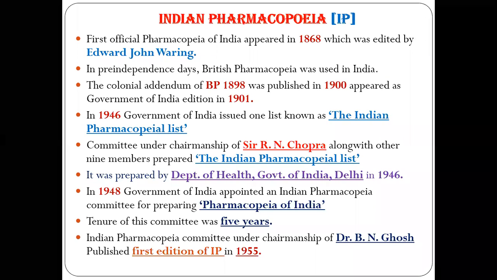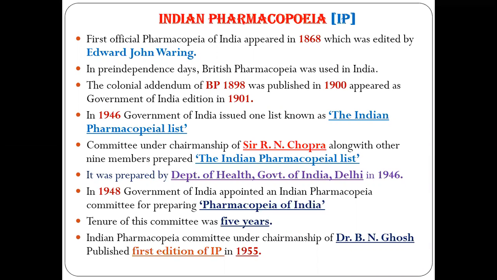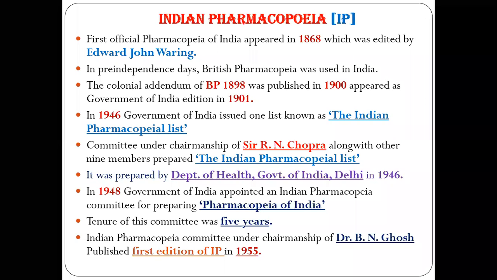After that, a committee was formed inside India itself under the chairmanship of Mr. R.N. Chopra. That committee was developed to prepare the pharmacopoeia, and under him there were 9 members, and they prepared this list of drugs. Actually, at that time, they thought to prepare our Indian Pharmacopoeia.